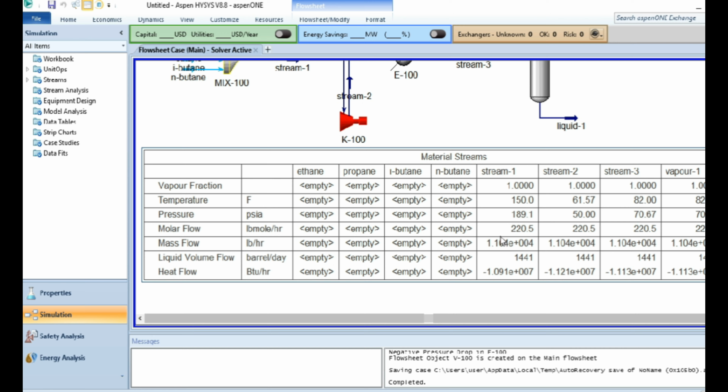If you convert these pounds mole per hour to kg mole per hour, you will have the same value. The same thing for mass flow rate, 1.104 times 10 raised to 4. For stream 2 the same thing, for stream 3 the same thing, even the heat flow and the liquid volume flow.